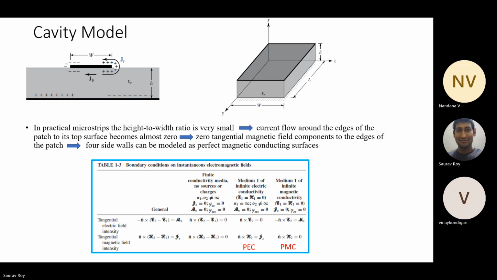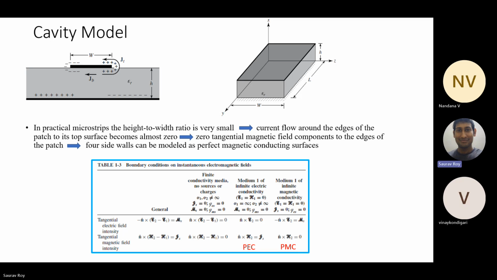Like magnetic wall, electric wall. If you take a metal, what should be the tangential electric field and tangential magnetic field on a metallic conductor? That is the boundary condition, right? This is basic electromagnetics, which you must have studied in the second or third year of your bachelor's degree.